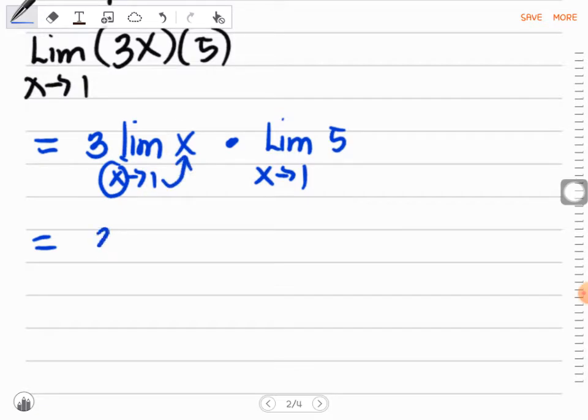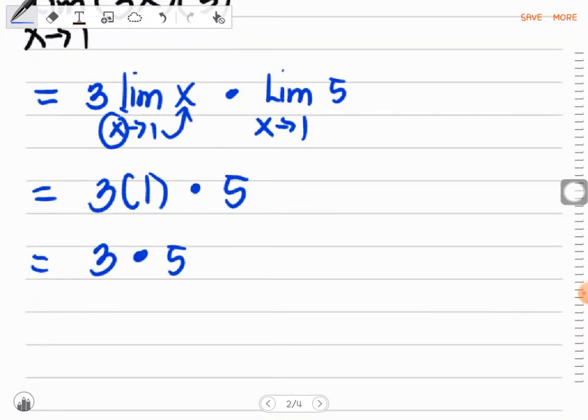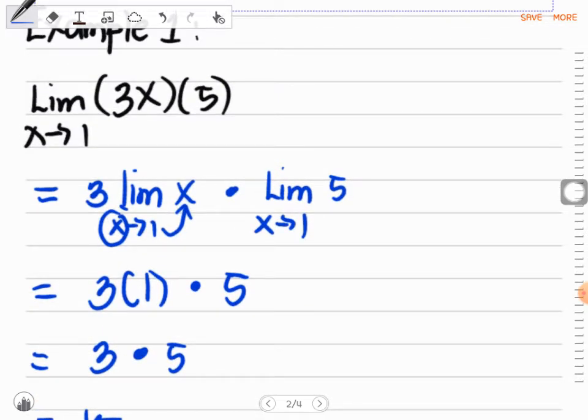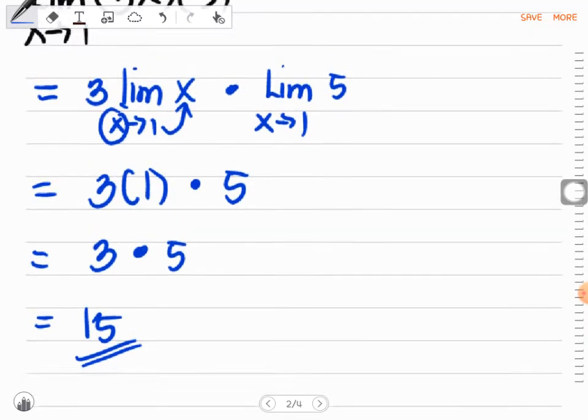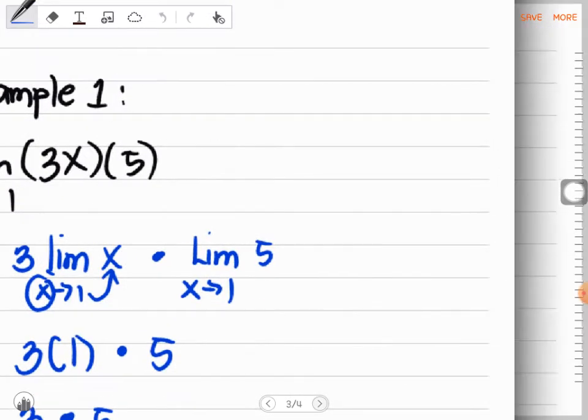So we have 3 times 1 times 5. Because there's no literal coefficient here, we cannot substitute the value of x for the 5. So 3 times 1 is 3, times 5, so the answer is 15. Therefore, the limit of 3x times 5 as x approaching 1 is equal to 15. That's our answer. Okay, number 2.